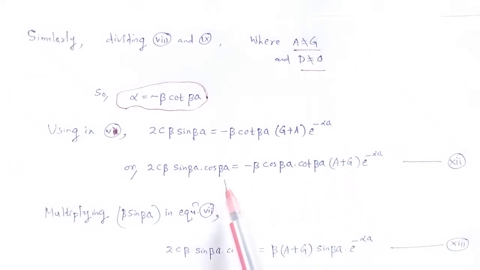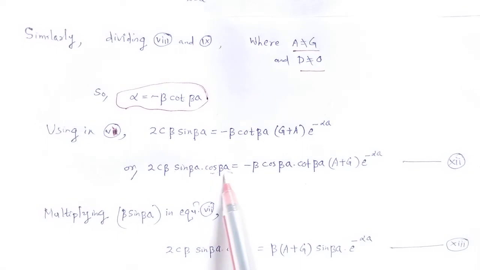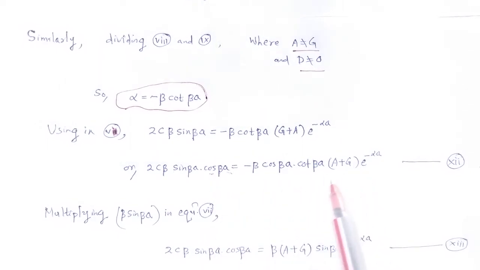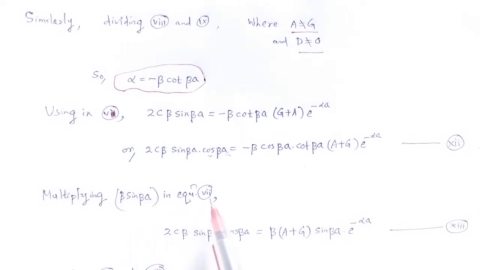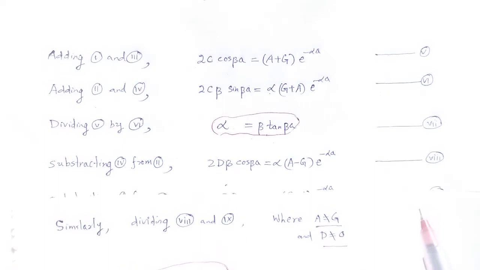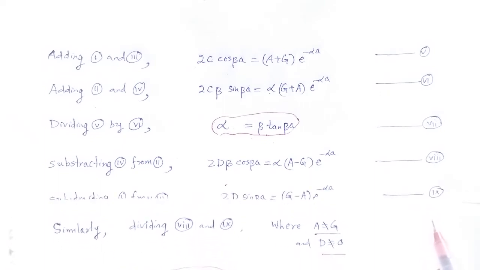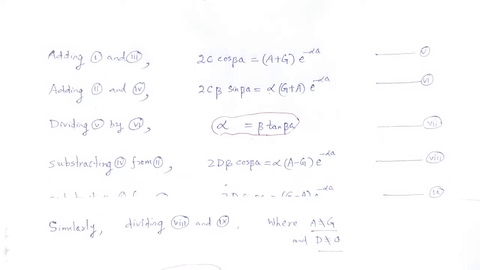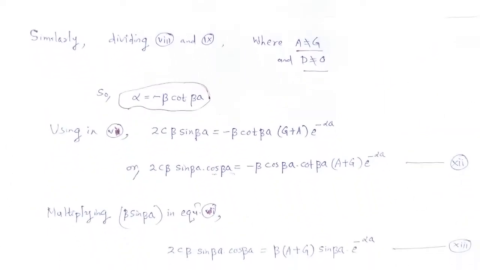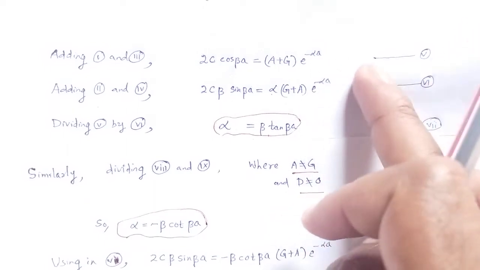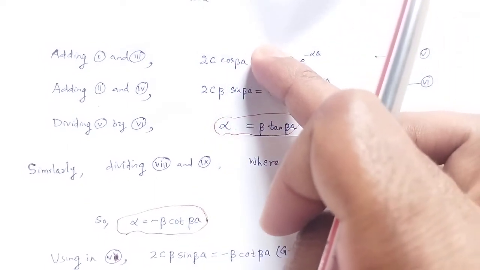Now multiplying cos beta a on both sides, there will be no such change. Now multiplying beta sin beta a in equation number v, here is the equation number v, we multiply what factor?